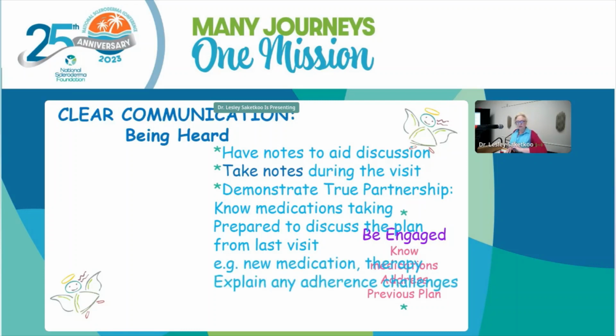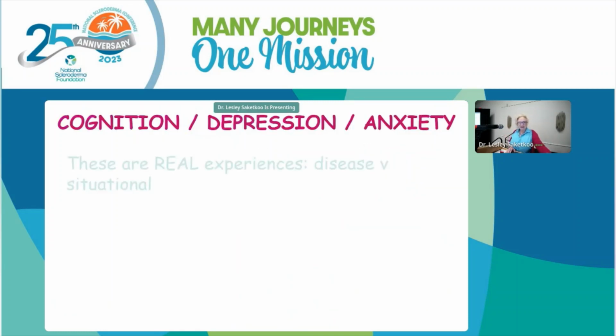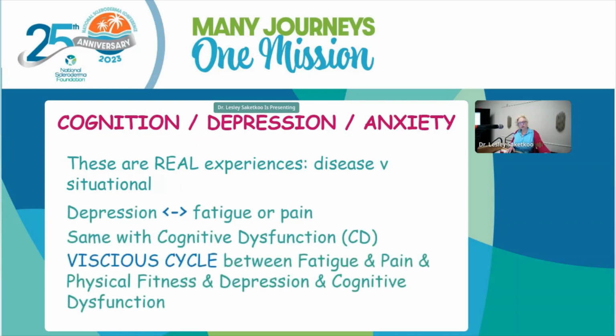All of this is okay, but be prepared to talk about what happened the last visit and explain any difficulties that occurred with that plan, because it expresses engagement and being part of that decision making. And this work happens ahead of time for each major concern, right? Okay, so cognition, anxiety, and depression. These are real experiences for whatever reason.